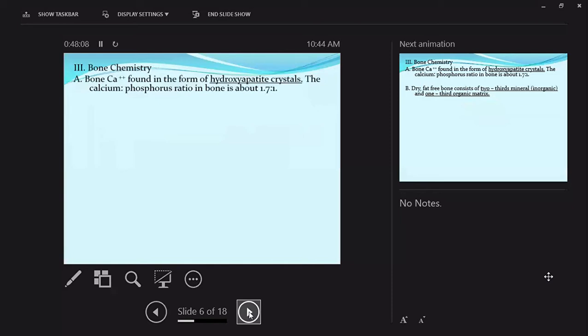So tetany occurs when blood calcium concentration falls from a normal of 9.4 milligrams per deciliter to around 6 milligrams per deciliter, or 35% below normal. Much more lethal at 4 milligrams per deciliter.